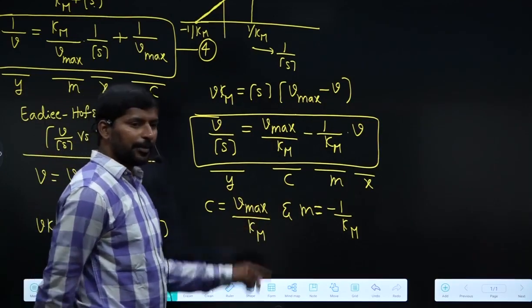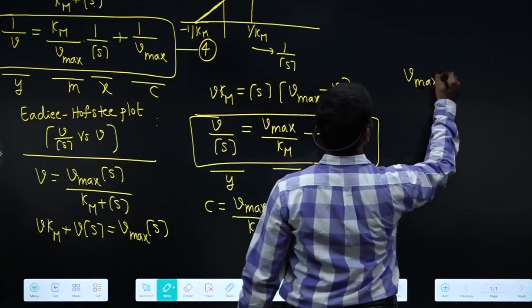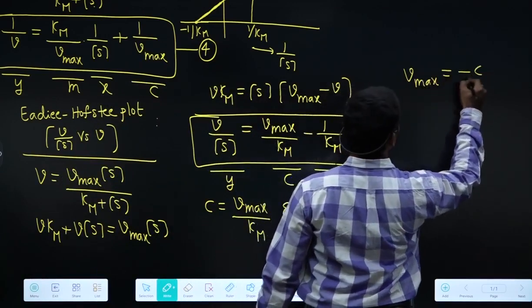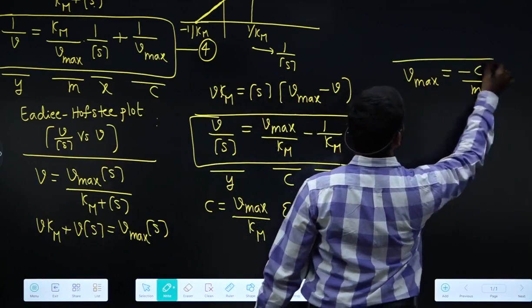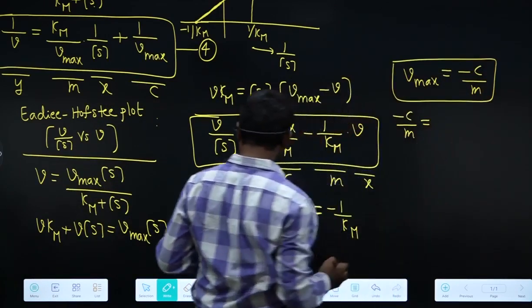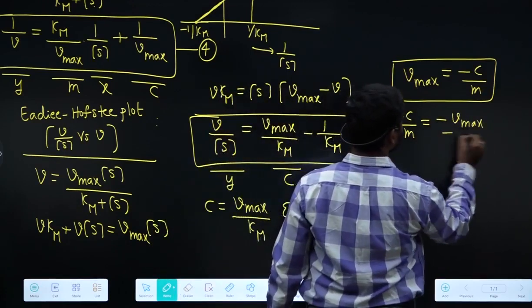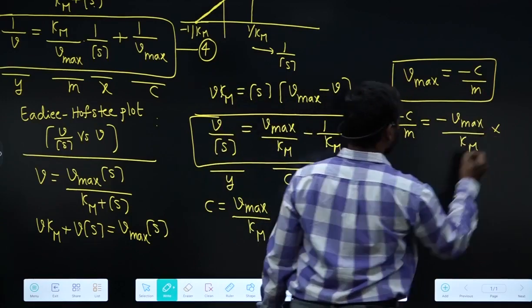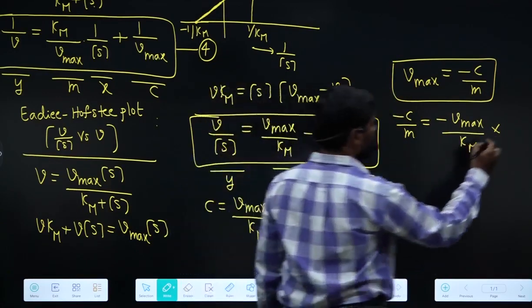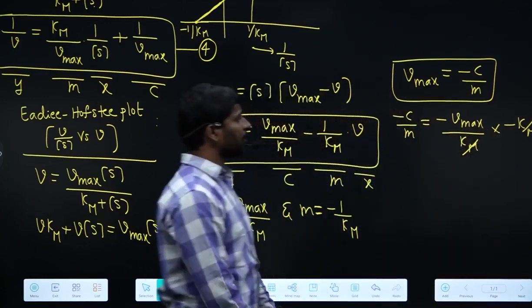Vmax is nothing but minus intercept by slope. If you do minus C by M, minus C means minus Vmax by Km, and 1 by slope means minus Km. So Km gets cancelled, minus into minus is plus.